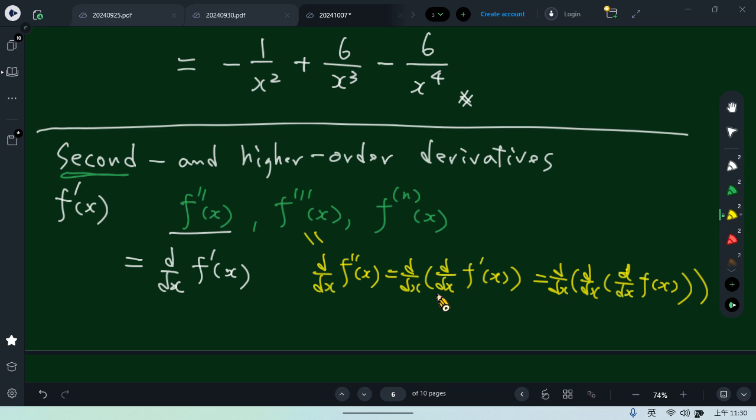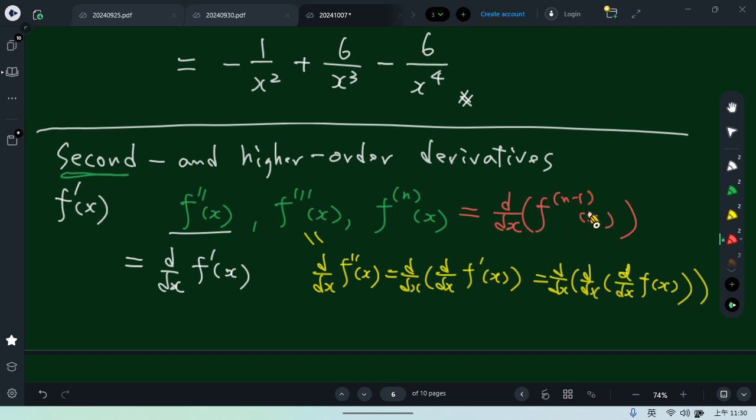Okay. So I believe it's easy for you to understand that we just use recursion to define it. If you want to get an nth order derivative, then you just differentiate the n minus 1 order derivative.